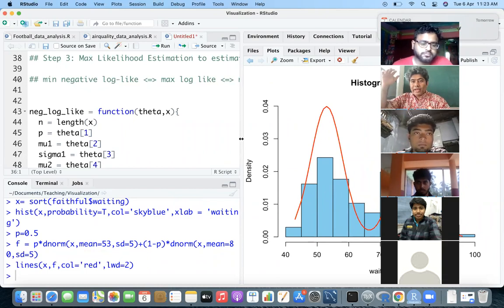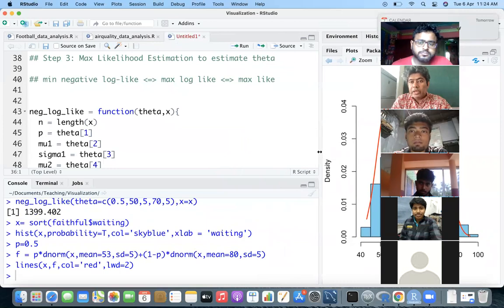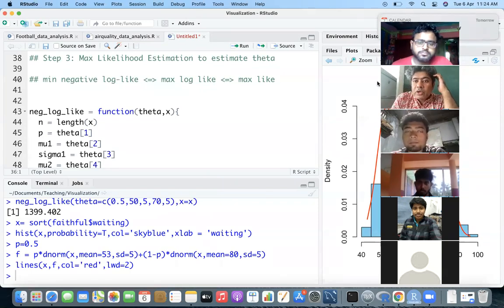There could be a maximum likelihood estimate and there could be a local mode where it can get stuck. Yes, that is also a possibility. We don't even know that. We can definitely face those kinds of problems, highly possible.